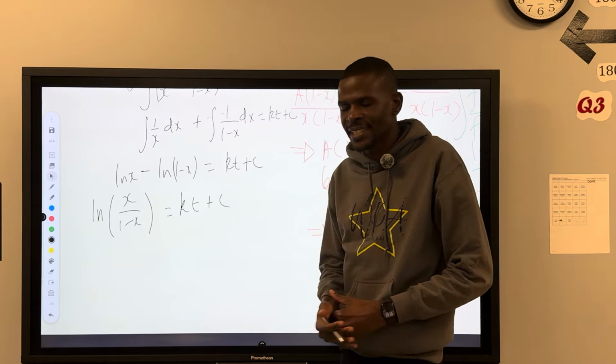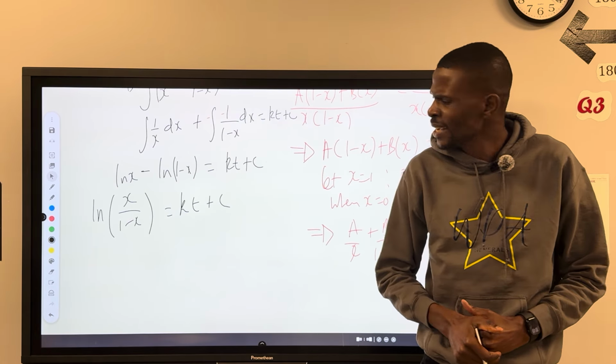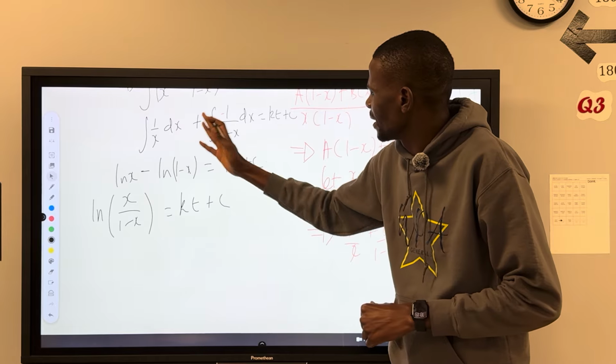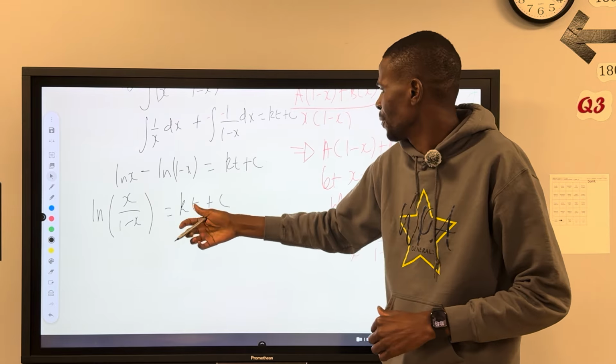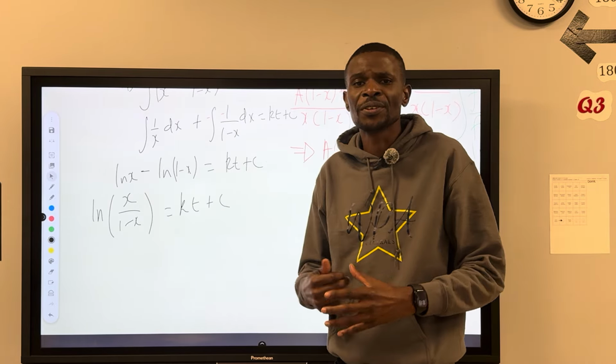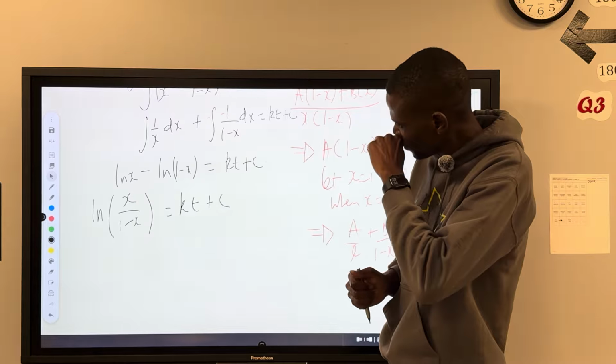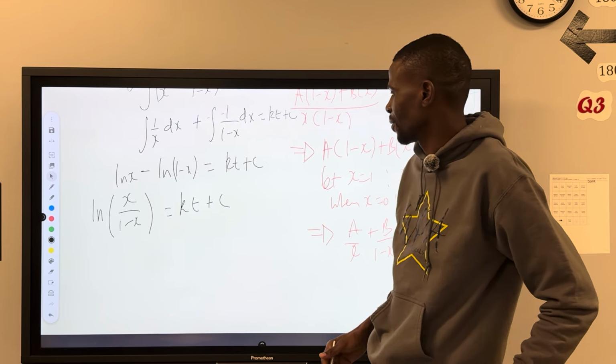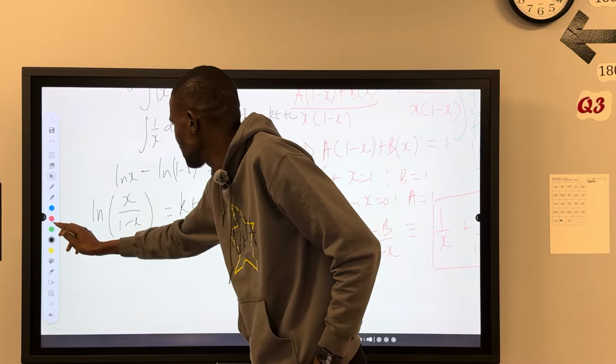So remember, guys, when we simplify logarithms, especially here where we are subtracting them, we are going to use the quotient rule. So now let's go ahead and get rid of the ln, the natural log, on both sides. I will exponentiate here.